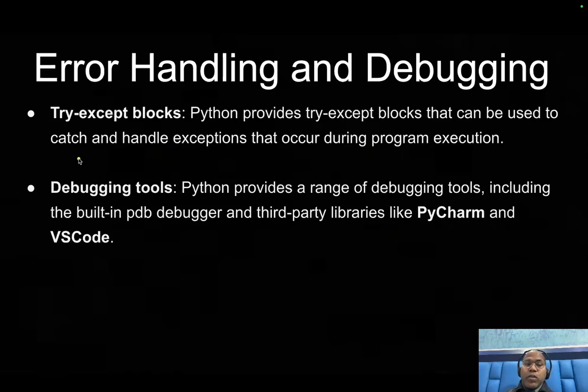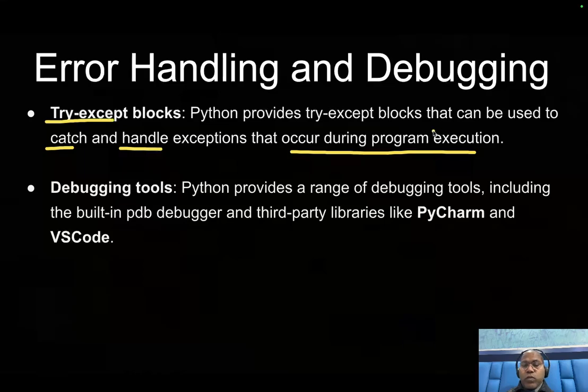For that, there is the concept of try and except blocks, which help us catch the exception and handle it during program execution. Whenever your program is running and any kind of error occurs, you can catch it, handle it, and provide a proper solution, so that your application can run smoothly or give the corresponding error message to the customer.